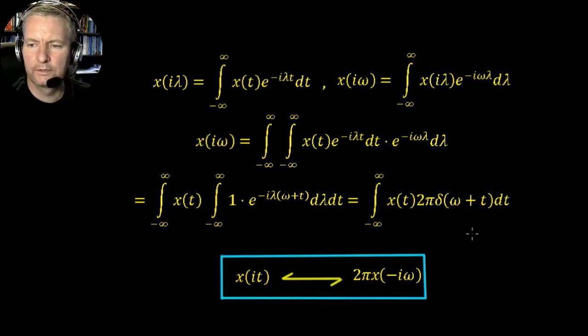The only difference is we've got our delta omega plus t as opposed to a delta omega minus t. So it means that this whole thing is equivalent to our function x at minus I omega as opposed to the plus I omega. So we get this Fourier transform pair, that x of I t has Fourier transform 2 pi x of minus I omega.